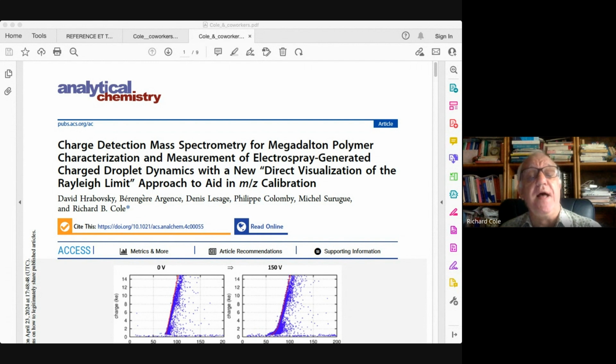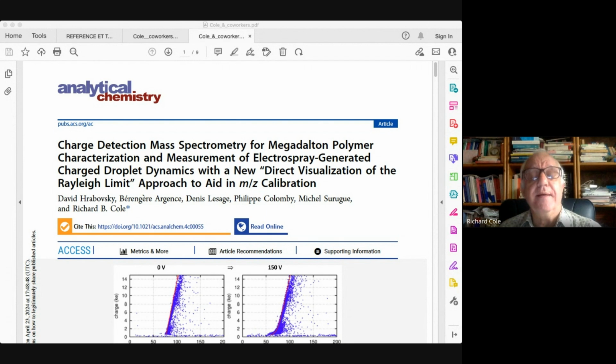It's just a polyethylene glycol high molecular weight sample. And then in the second part, we've used the instrument to measure droplet dynamics spraying from methanol solutions. And I'm going to discuss some different aspects of charge detection mass spectrometry.